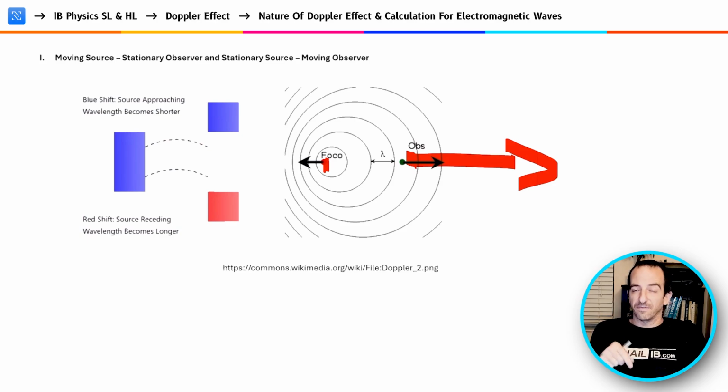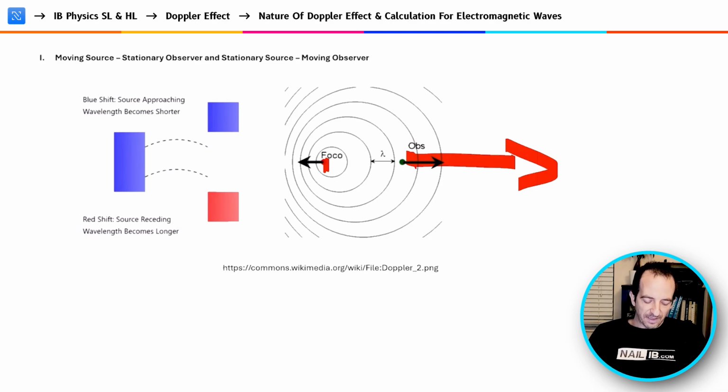Longer wavelengths, in the case of the electromagnetic spectrum, correspond to the red end of the spectrum, which is why when something is moving away from the source of electromagnetic waves, we tend to see what's called a redshift.